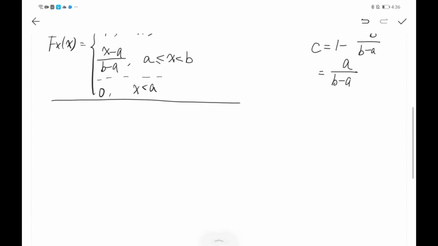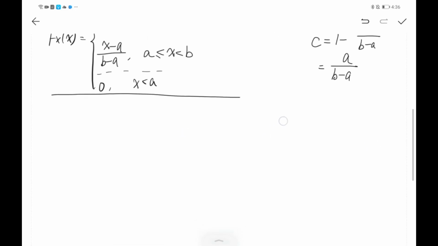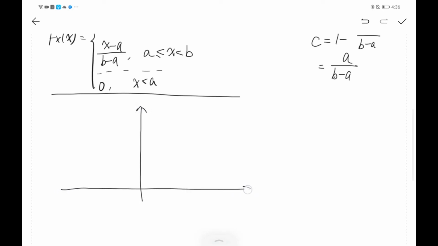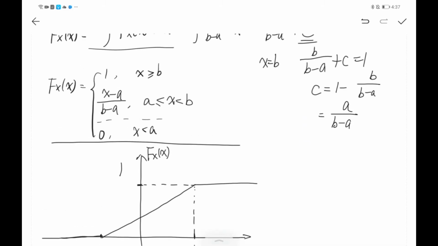And this distribution function's plot is like this, from A to B. When x is more than b, the value is 1, and when x is less than a, the value is 0, like this. So that is the plot of the distribution function.